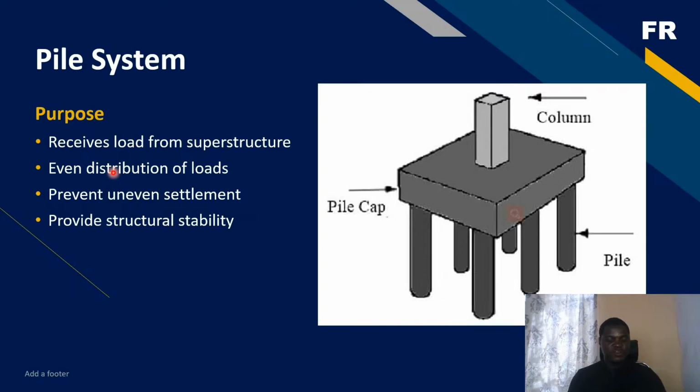Another purpose of the pile cap is to prevent uneven settlement, and once it prevents uneven settlement, then the structure will be structurally stable. So, as a recap, the purpose of the pile cap is to receive loads, to distribute this load as evenly as possible, to prevent settlement, and to provide structural stability.